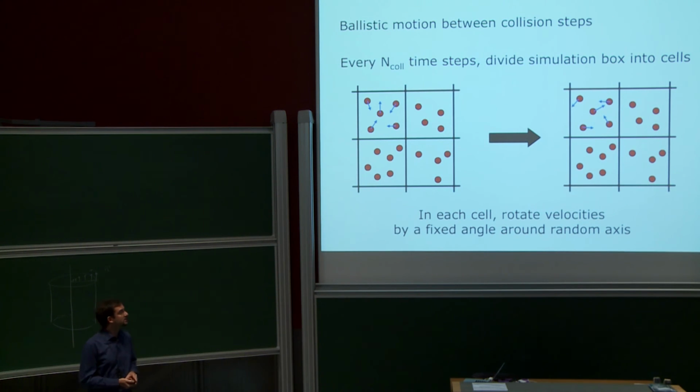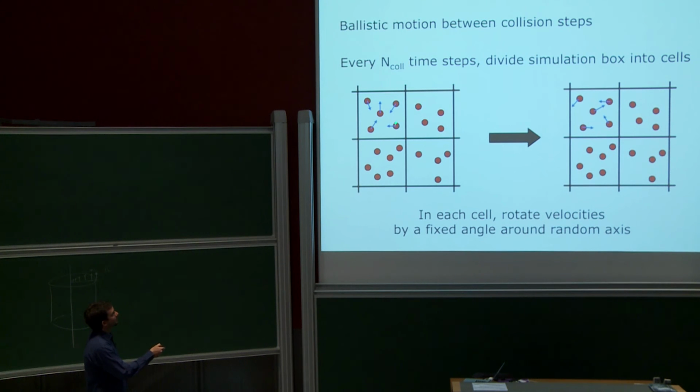The way this is done in stochastic rotation dynamics, or what is also called multi-particle collision dynamics, MPCD, is to add an additional ingredient to the dynamics of your fluid particles, namely after a given number of time steps, and you do this repeatedly, you divide your simulation box into cells. The cells are represented here by the lines. And in each cell, you will do something a bit strange to your particles.